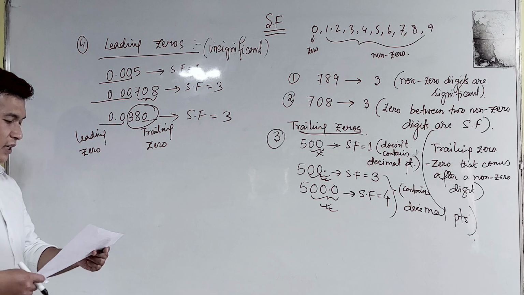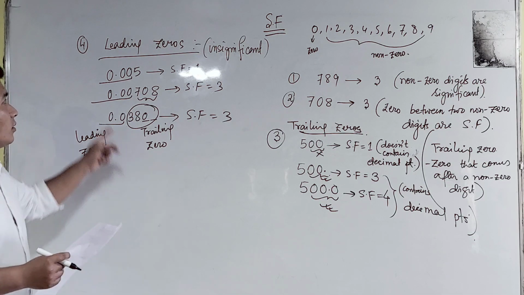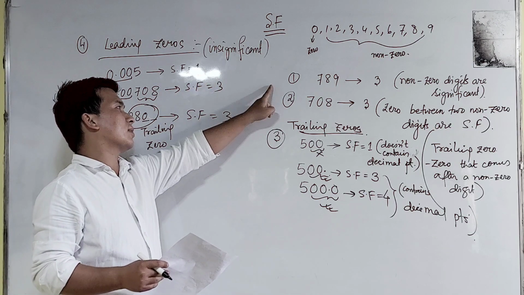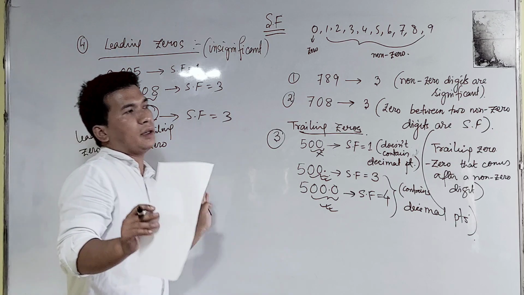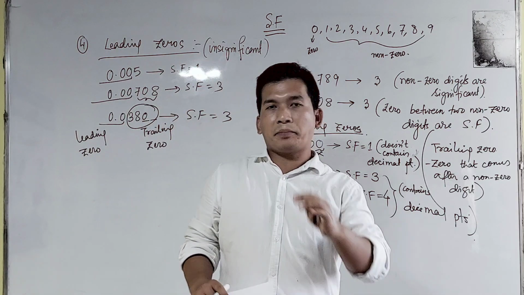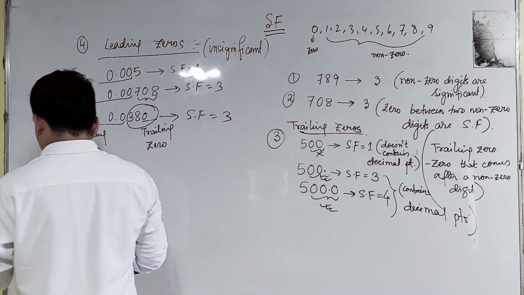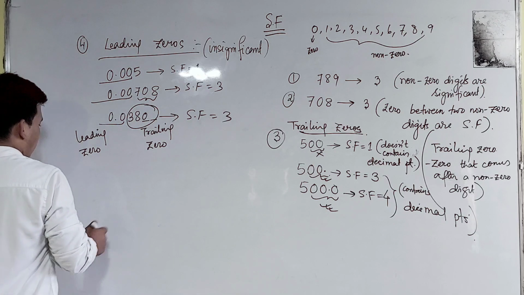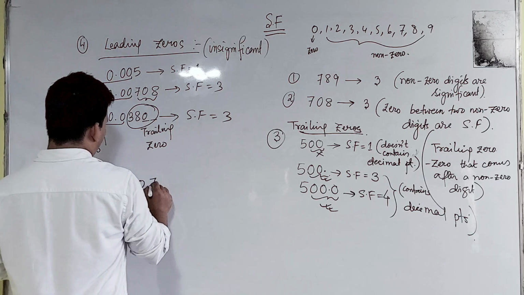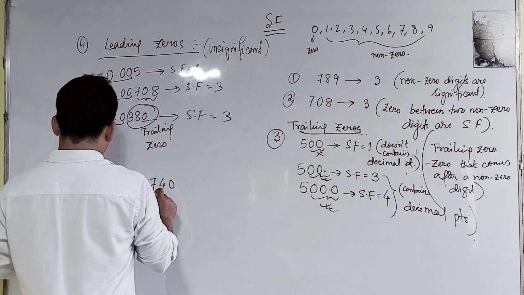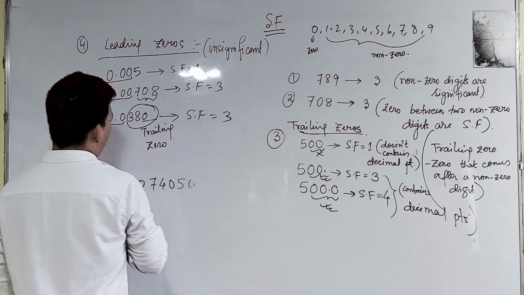For the last example, let us give a combination. If you know formula number 1, 2, 3, and formula number 4, then that is well enough for your exam preparation. Take the number 340.0740.